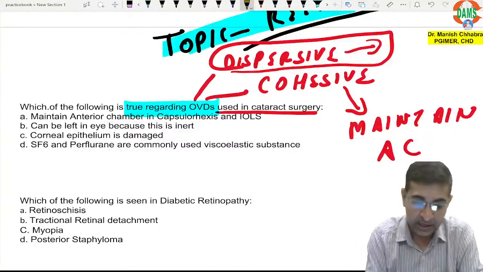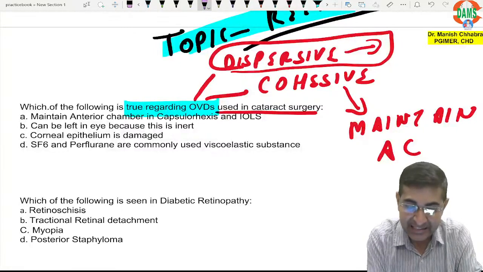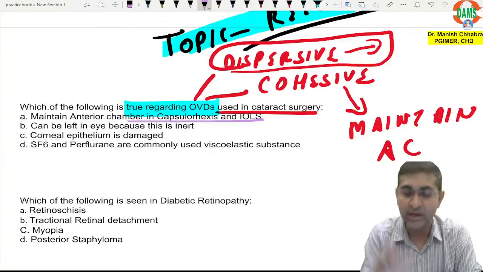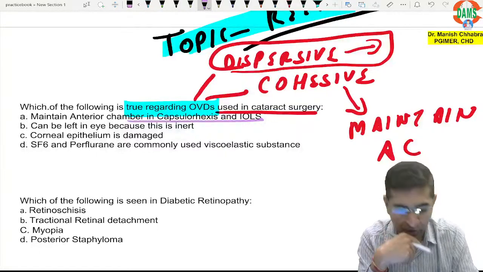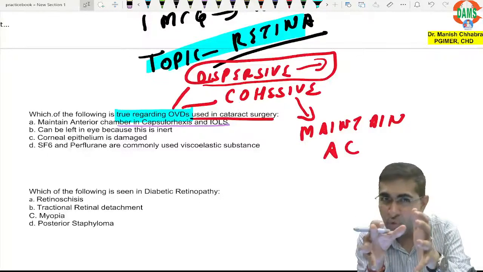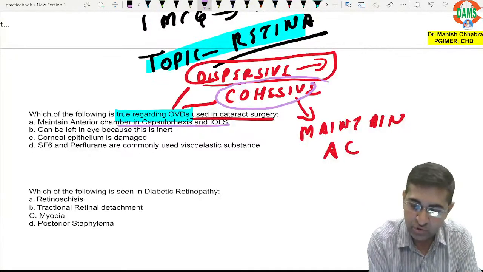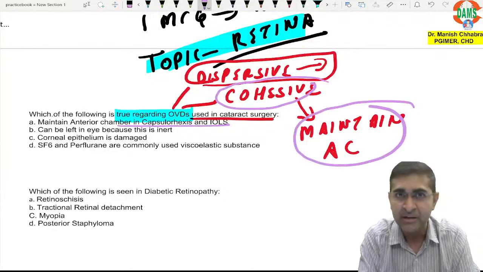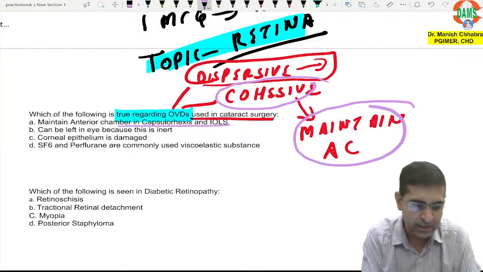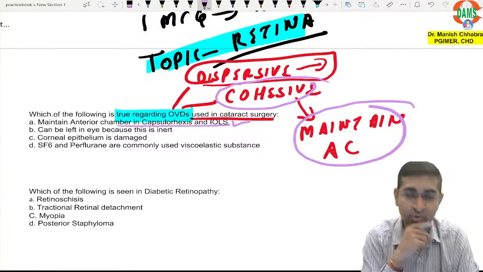First option: it maintains anterior chamber in capsulorhexis and IOL implantation. Of course, they have generalized the usage of OVDs. Cohesive is used to maintain the anterior chamber and also to implant the IOL. So this is the right option.